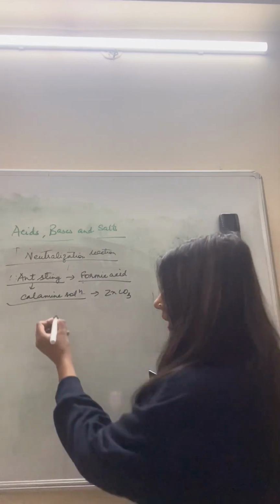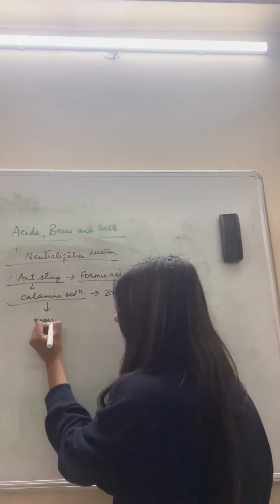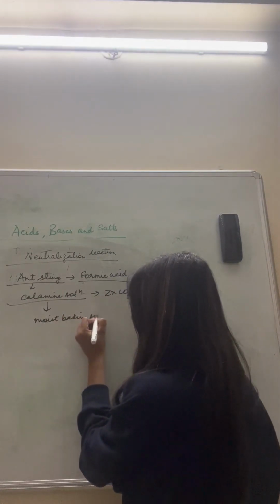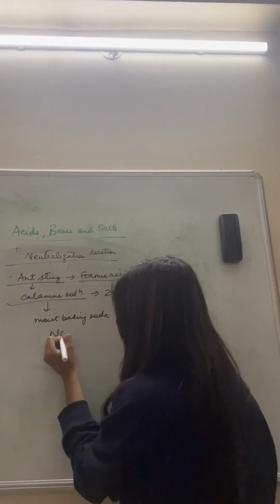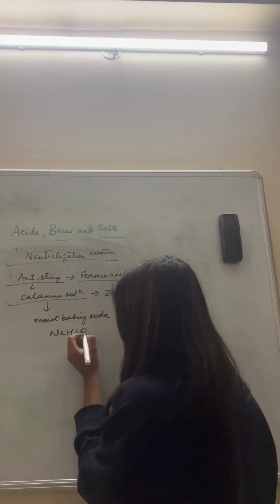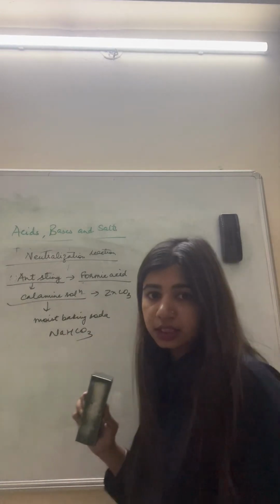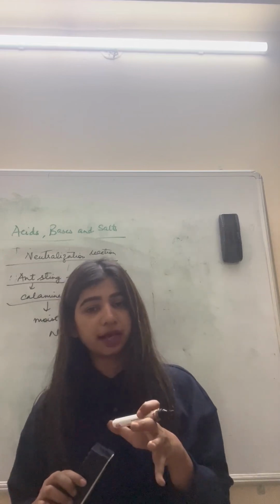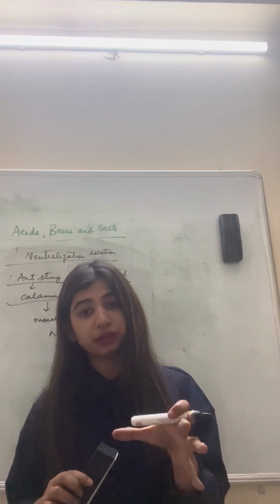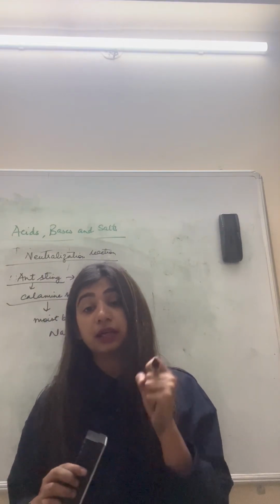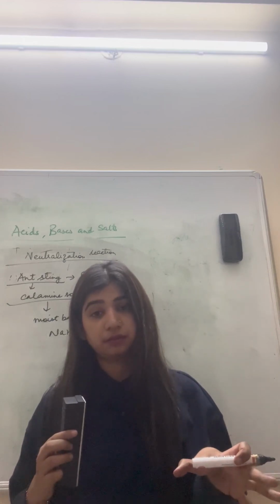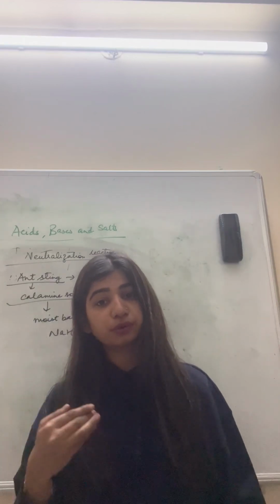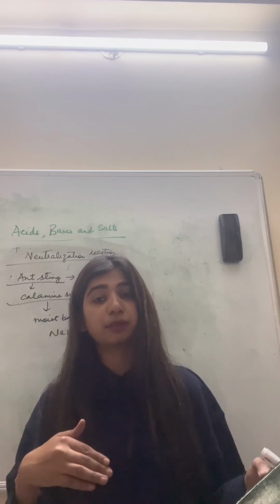Or we apply moist baking soda, that is sodium hydrogen carbonate. The sting of an ant was producing formic acid, and what we are doing in return, we are applying a base. What base? Moist baking soda or zinc carbonate. Okay.